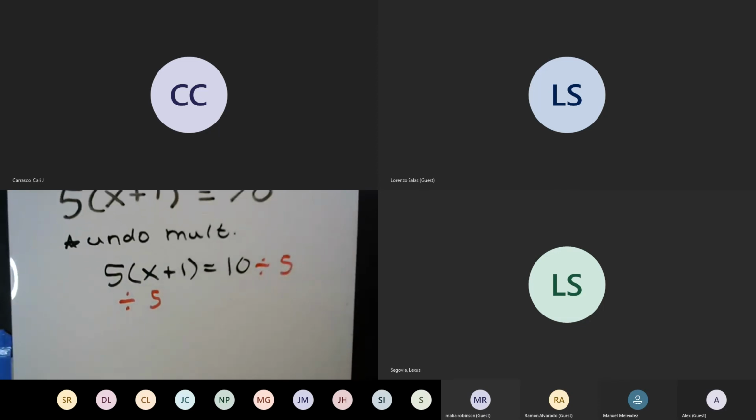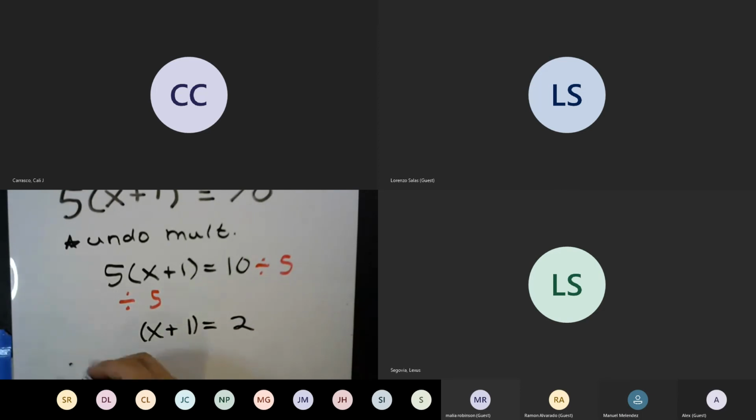And when we do that, we'll get x plus 1 is equal to 2. I'll keep the parentheses here.